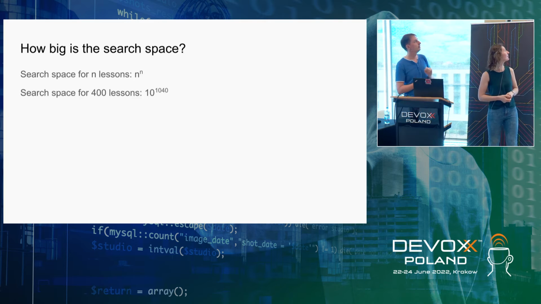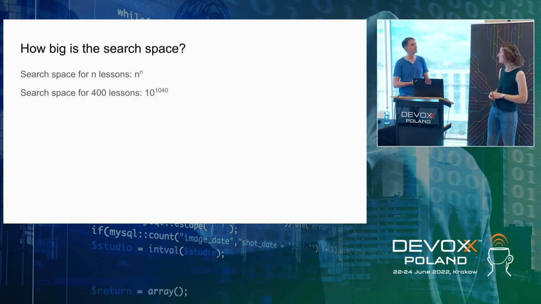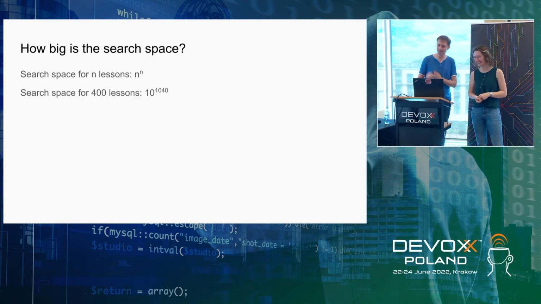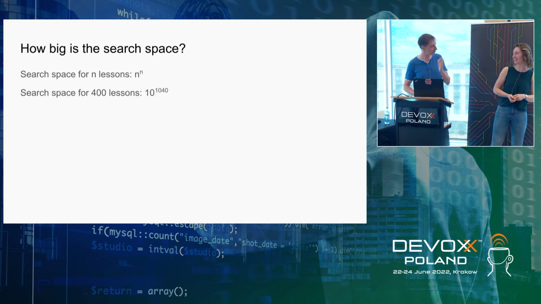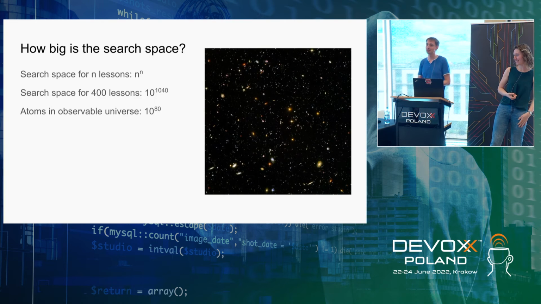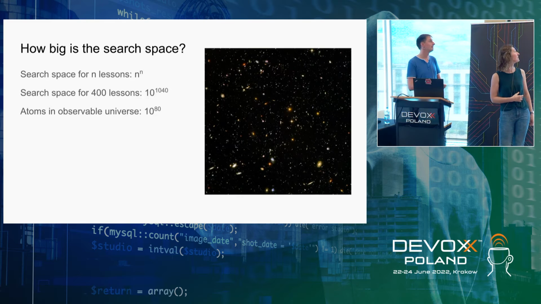We already have a search space of 10 to the power 1040. Oh, that's like gas prices right now, right? Yeah, it's a little bit like gas prices these days, but it's a little bit worse. Because if you compare it to the number of atoms in the observable universe, that's only 10 to the power 80, and this is much, much bigger.